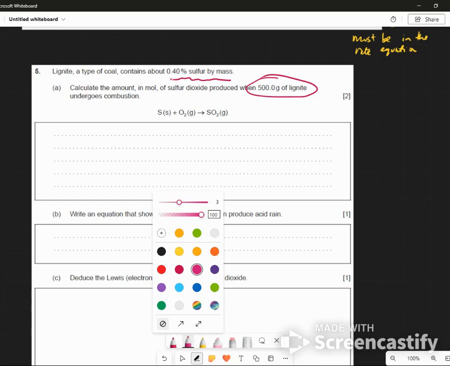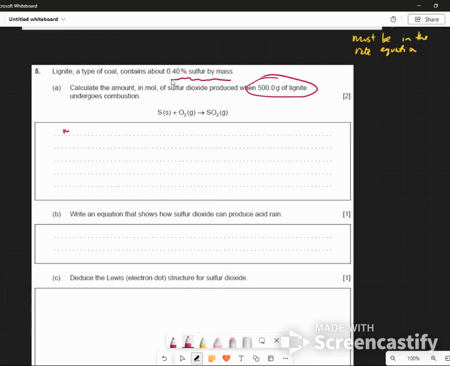I'd start off with the mass of sulfur is, well, the mass of lignite is 500, but only 0.4% is sulfur. So times that by 0.4%, and this is going to give me the grams of sulfur. So here's my trusty calculator. 500 times 0.4 is 200.